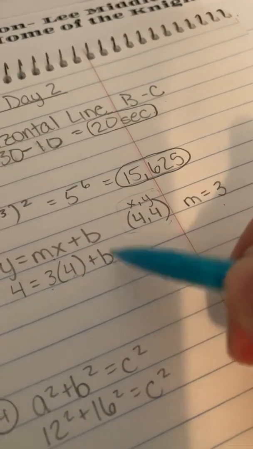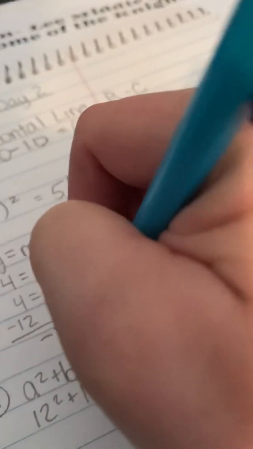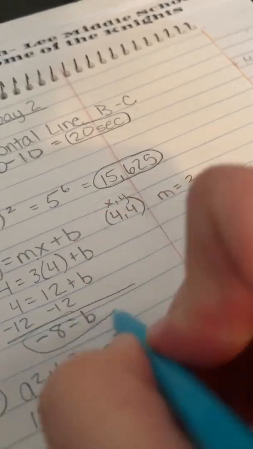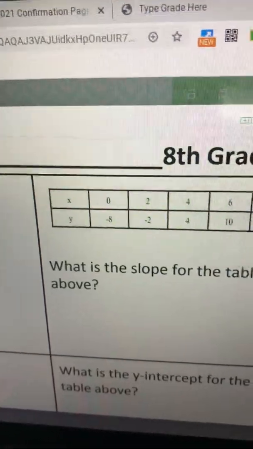Then I'm going to solve for b. So 4 equals 12 plus b. Subtract 12 from both sides. 4 minus 12 is -8 equals b. And that's my y-intercept, the same thing I got here. When x is 0, my y-intercept is -8.